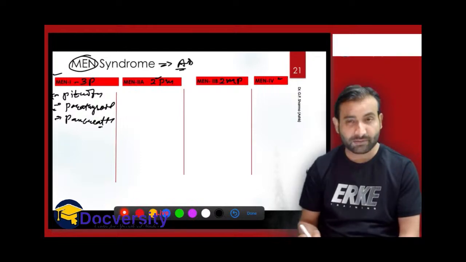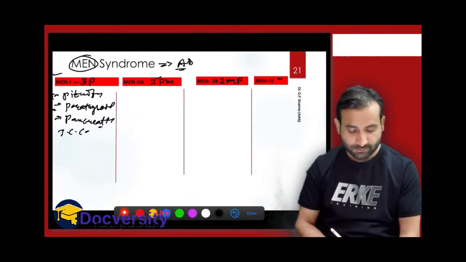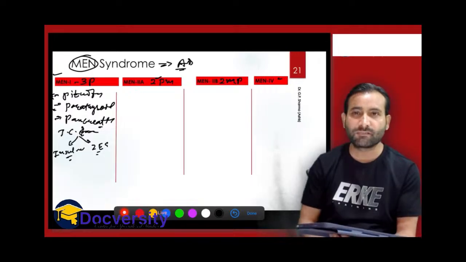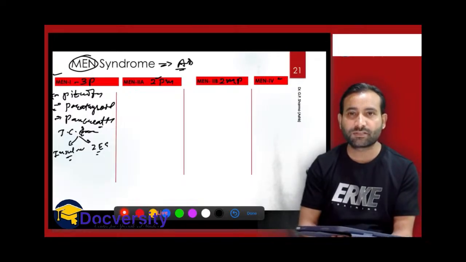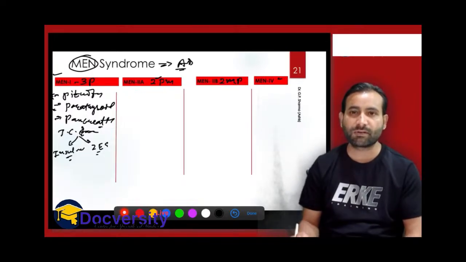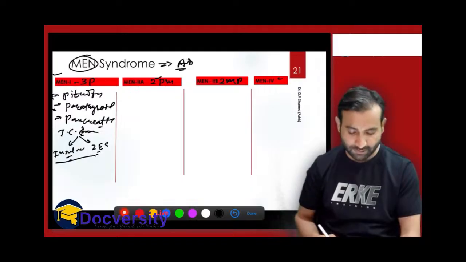Pituitary adenoma, parathyroid hyperplasia, and then the pancreatic islet cell tumor. This pancreatic islet cell tumor can be the insulinoma, or maybe the Zollinger-Ellison syndrome, right? So these are the 3 Ps of MEN type 1.